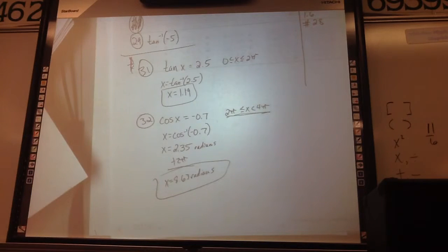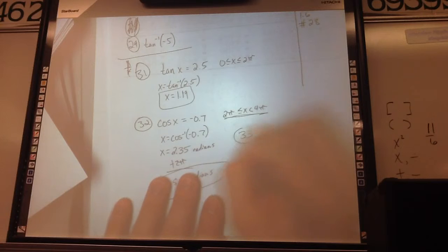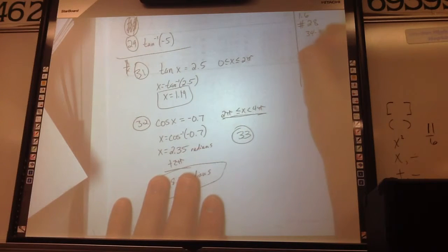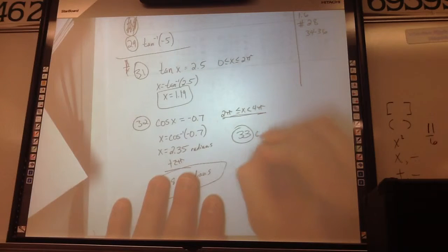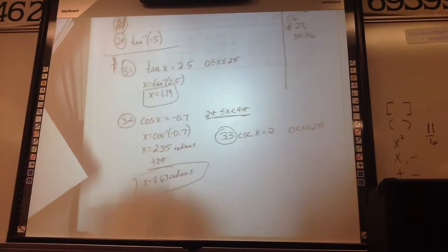So how would you do 33? Oh, cosecant. I'll do 33, 34 through 36 are on. Wouldn't you just get your answer and then flip it? No. Cosecant of x equals 2, between 0 and 2 pi, which is just 360 degrees.